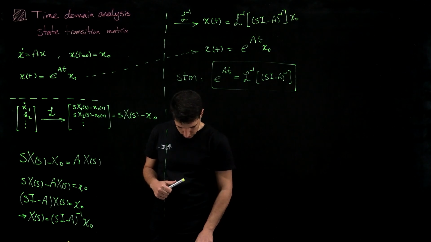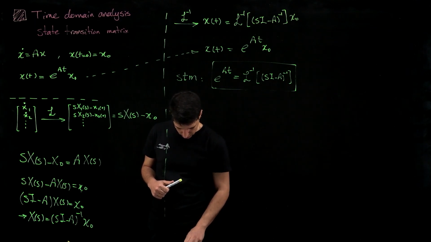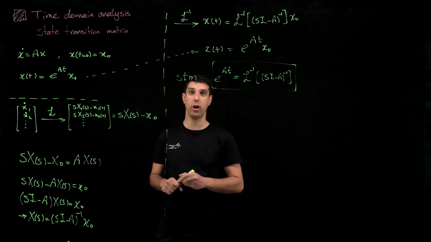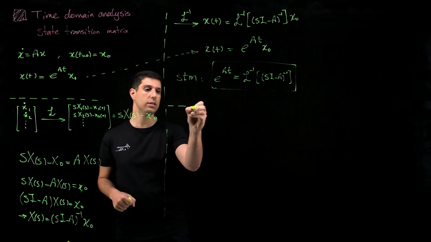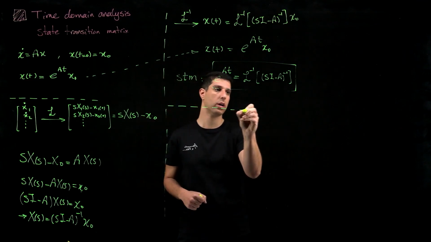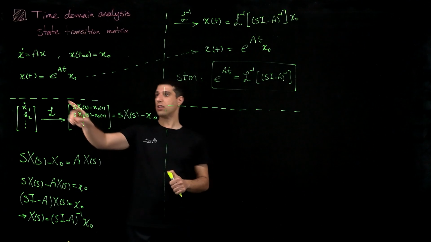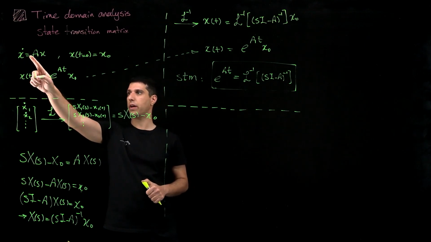What else? We did this, we did that, the state transition matrix. Good, okay. So now we know how we can find the natural response of a matrix equation.